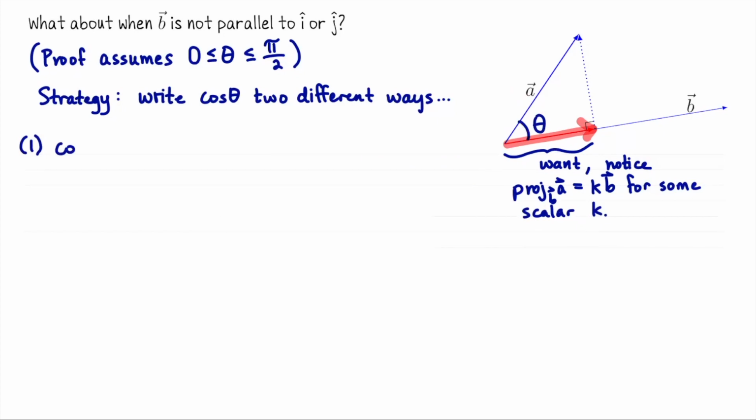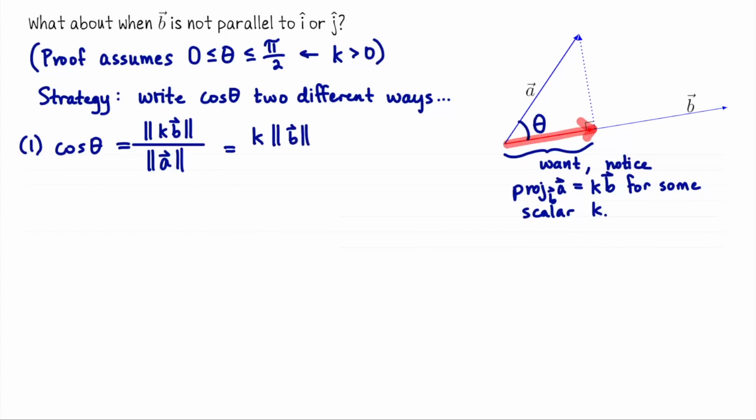So cosine of theta is going to be the length of the adjacent side, so that's the length of kB, all over the length of the hypotenuse of that right triangle, but that's the length of A. With our assumption that theta is between 0 and pi over 2, that means that k is greater than 0. So I can simplify this and write k times the length of B divided by the length of A. Okay, that's one way to write cosine theta using SOHCAHTOA.